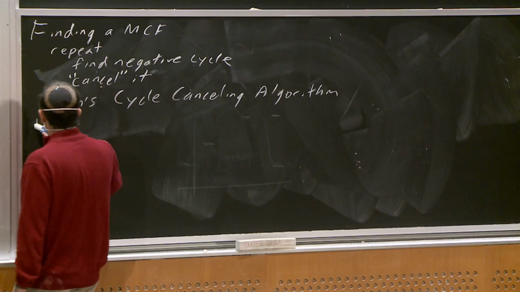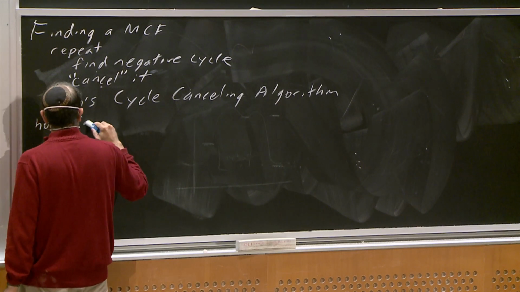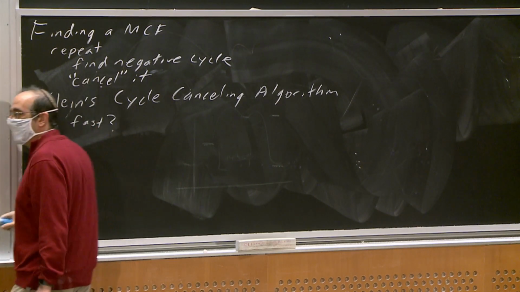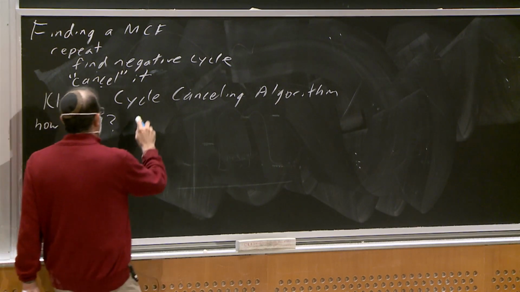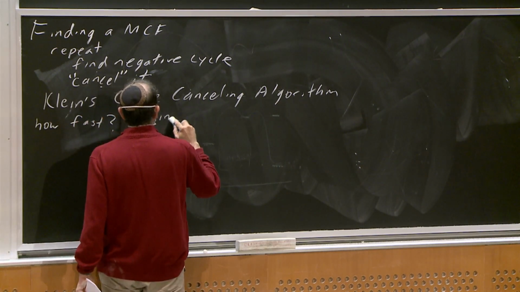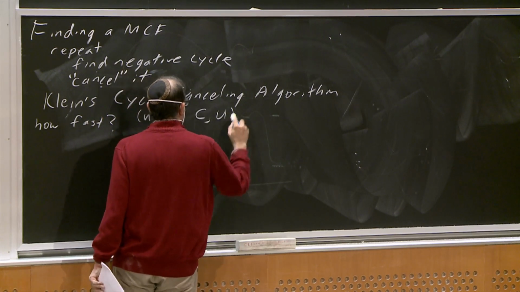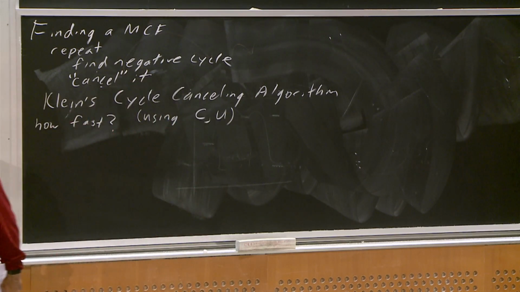What can we say about the speed of this algorithm? Well, this algorithm is definitely not strongly polynomial. So let's already recognize that we're going to have to use the max cost and the max capacity in the runtime.